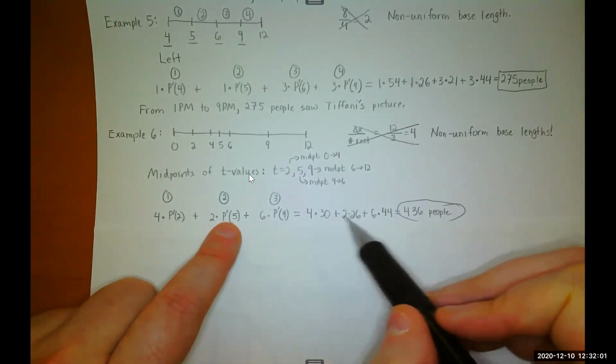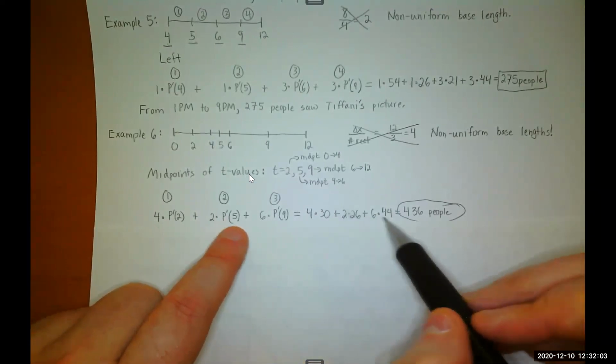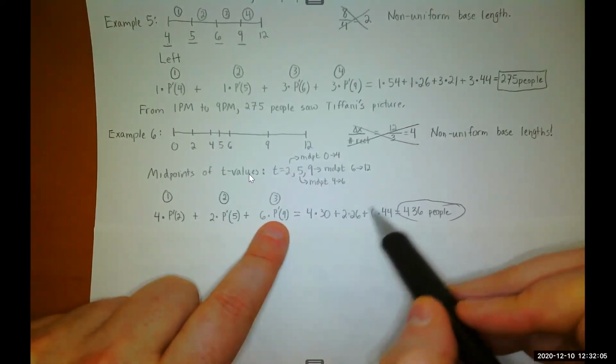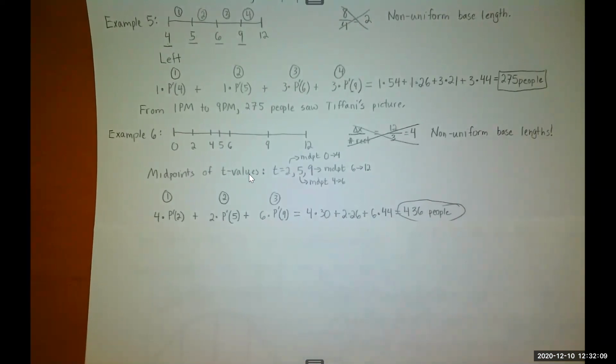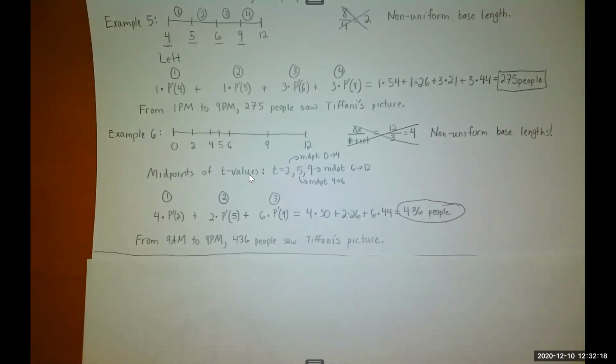P prime of 5 is 26, multiply that by the base 2. P prime of 9 is 44, multiply that by the base 6. And we get 436 persons, which we then interpret as going from 9 a.m. to 9 p.m. 436 people saw Tiffany's picture.